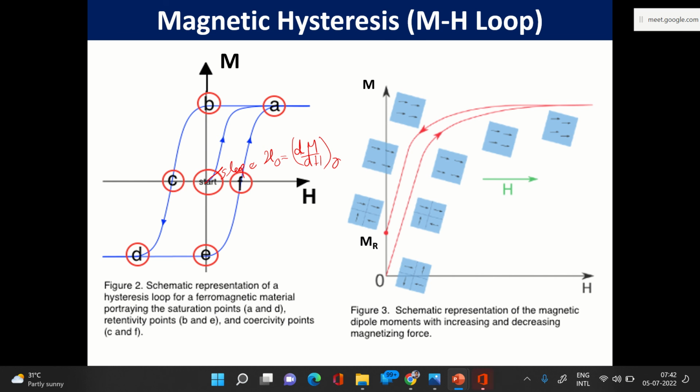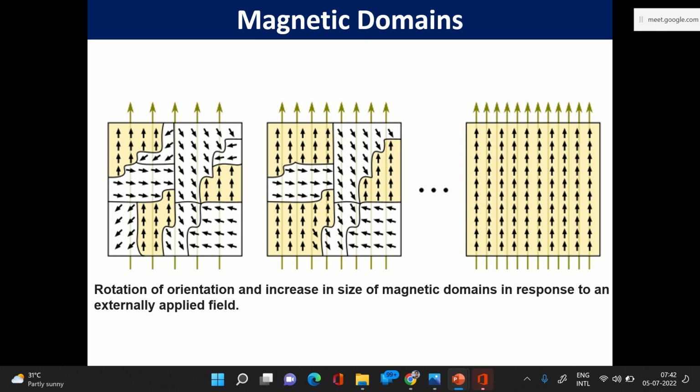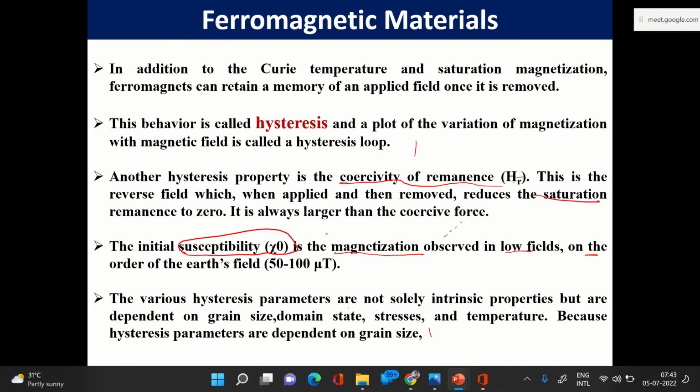This is what we mean by chi 0, the susceptibility at the origin. That was the point that it is on the order of 50 to 1000 micro Tesla.